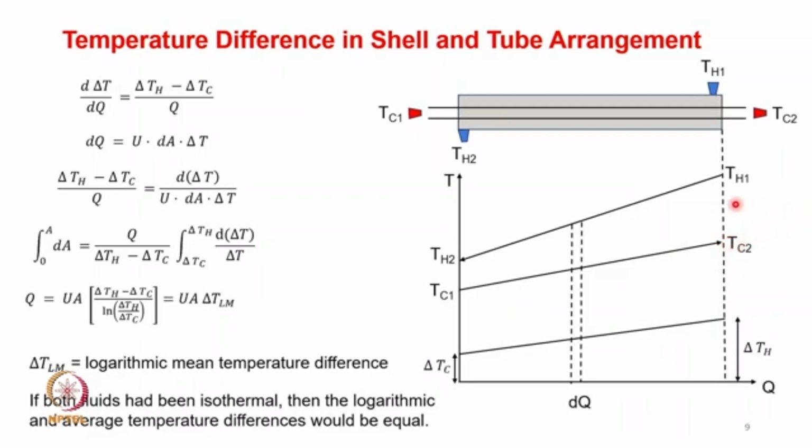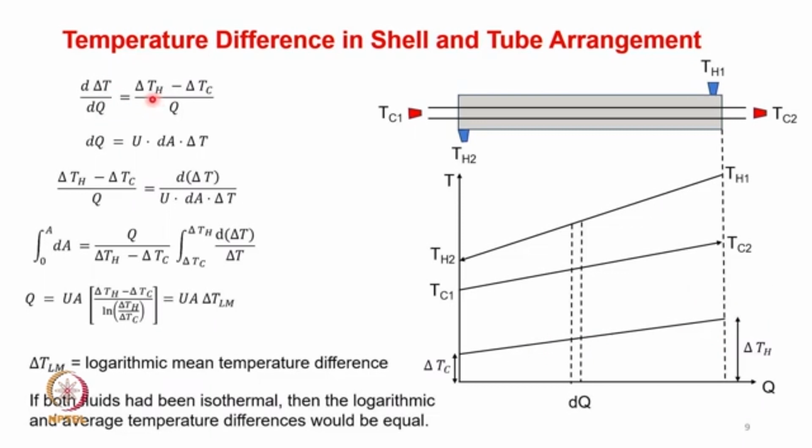Fine. Now what we could do is compute Q in detail. Let's see d delta T by dQ. Delta T here is the slope of this particular line.